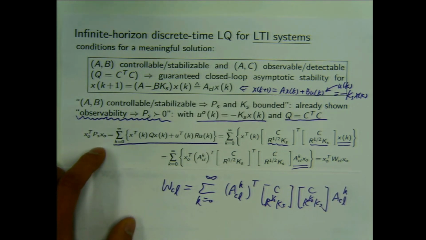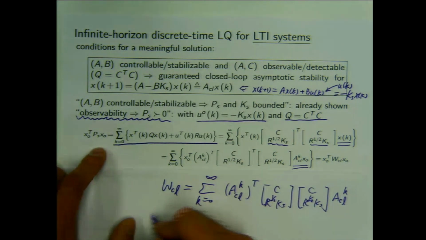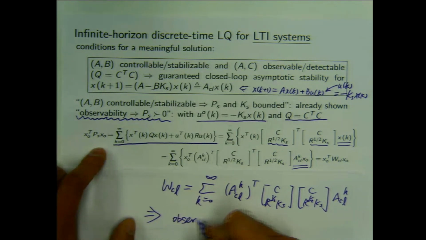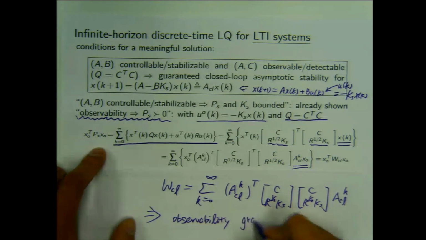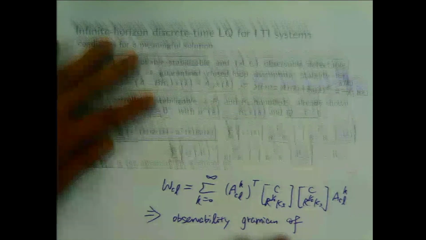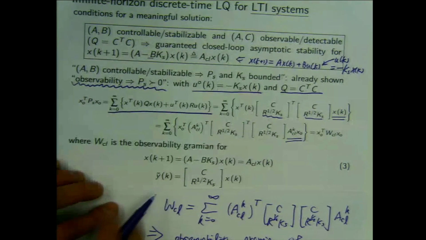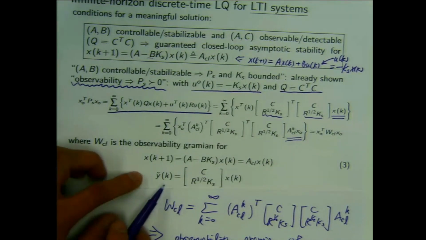There is another side of this story here. This matrix is also the observability gramian of this matrix here, of the system here.